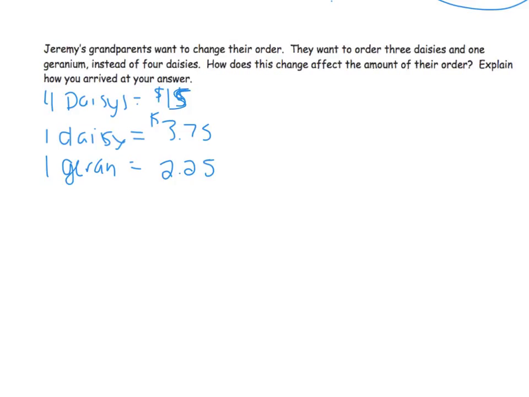So originally it was $15, but they wanted to take 1 daisy off and put 1 geranium on. So there are many ways you can do this problem. So first, though, we need to answer the question, how does this affect the amount of their order?